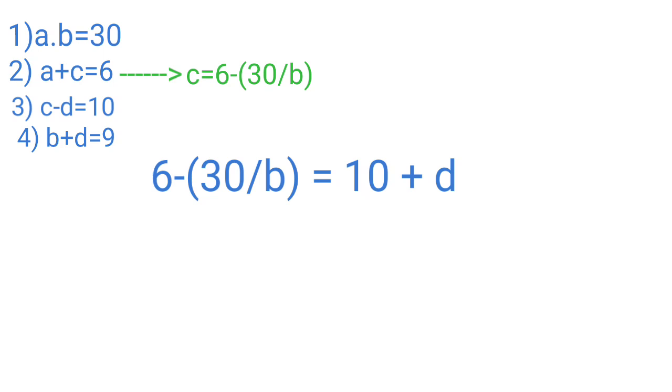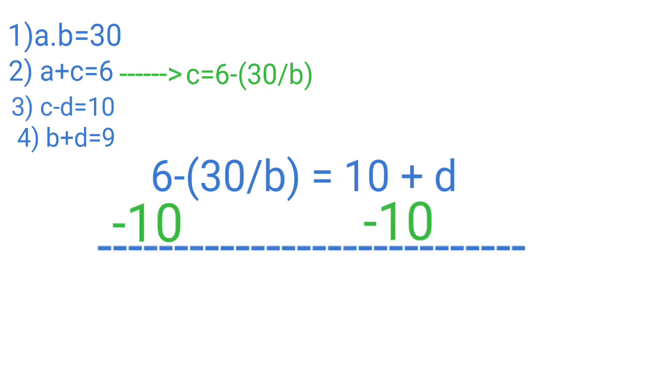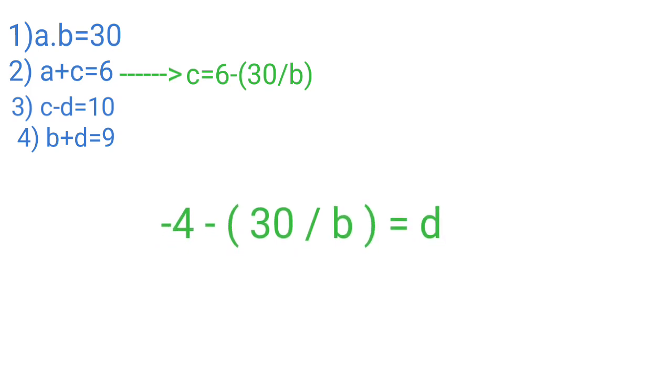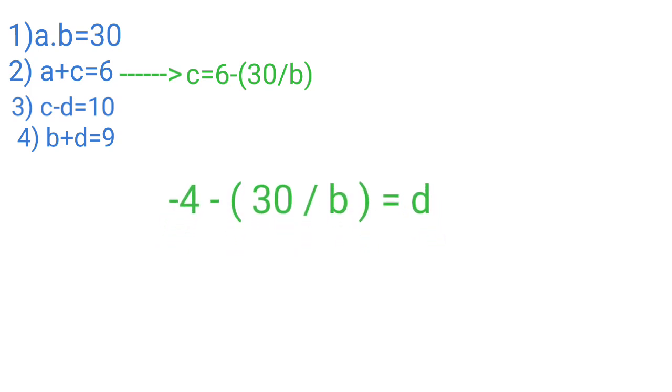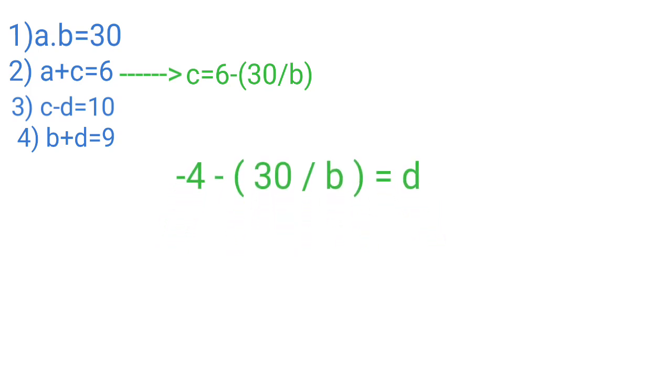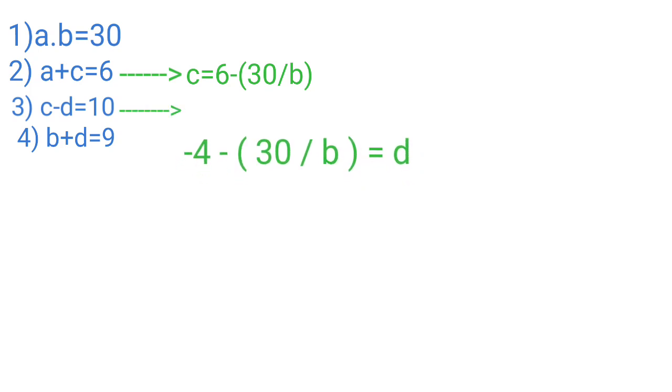To solve for D, we just want to read off the D here, so we subtract the 10 on both sides like this. We get 6 minus 10 minus 30 over B equals D. These two cancel out, and only our D is left. Okay, now we solved this equation for D. We're going to insert this for D in our last equation on the next page.